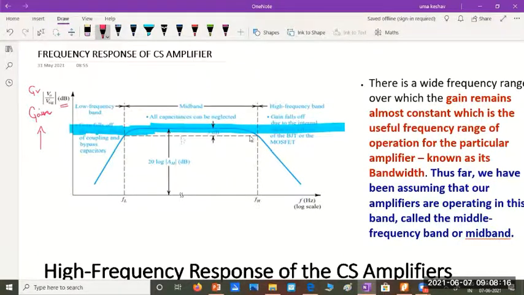In the mid band, or the middle frequency range, the gain is almost constant. So I'll have different points to plot at 10 hertz, 20 hertz, 50 hertz, 100, 200, and so on. And I'll have points to plot in the megahertz range also. Say 500K, 1 mega, 2 mega, 3 mega, and so on. That means I can't accommodate everything, with such huge variation, on a normal scale. And if you want to accommodate it, you will need a very lengthy graph sheet.